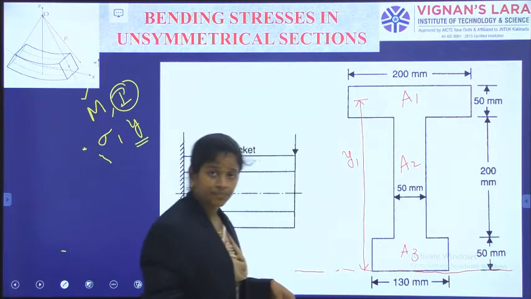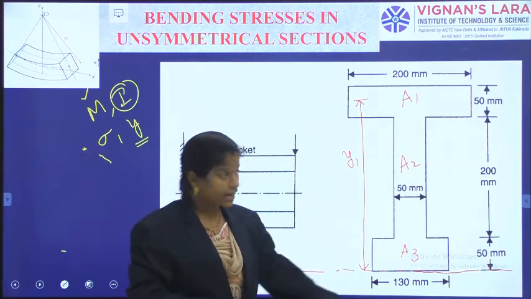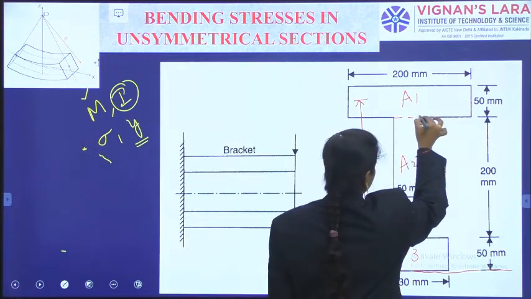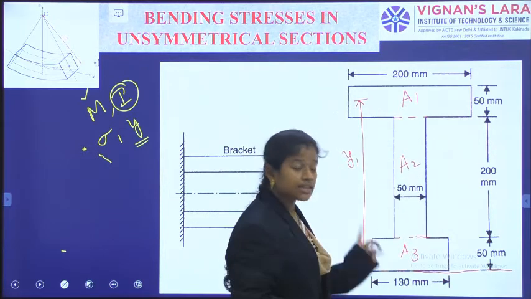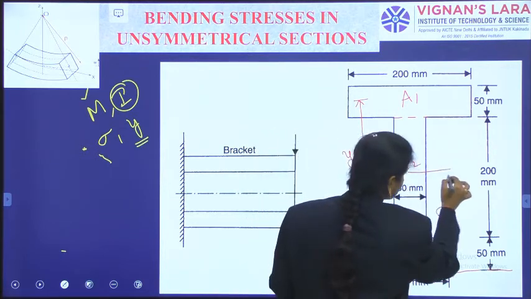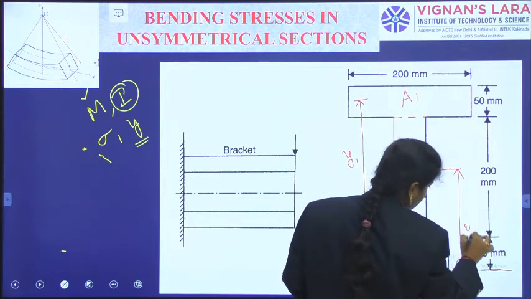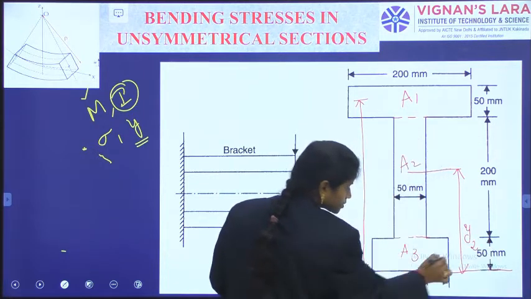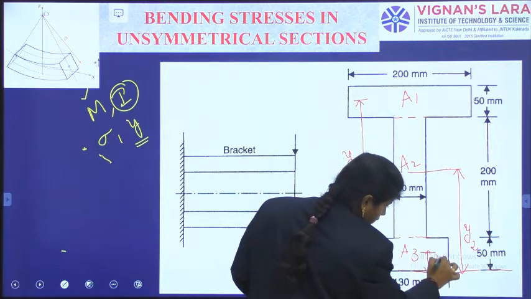A1 is at a distance of Y1 from the baseline, A2 is at a distance of Y2 from the baseline, and A3 is at a distance of Y3.